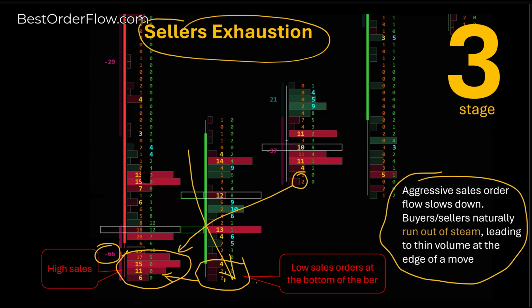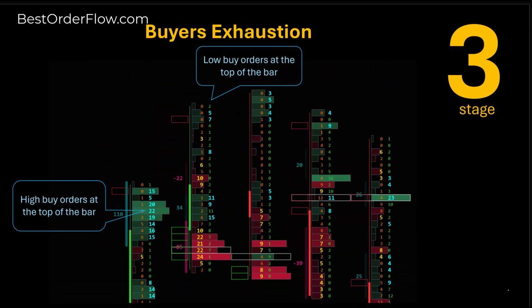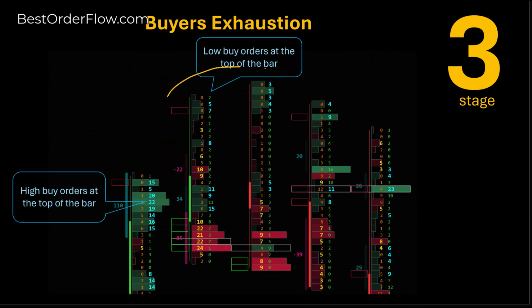There is maybe not even any resistance out there, no kind of zone, no heat map liquidity, and the buyers on the opposite side of the market are not even stepping in. It is simply getting out of fuel, out of juice, okay? And it naturally runs out of steam. We can take a look at this one, buyers' exhaustion at the top.